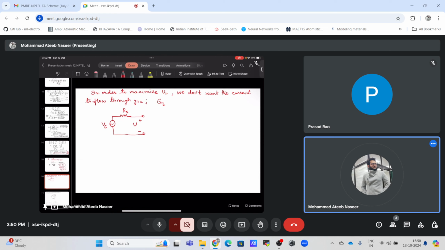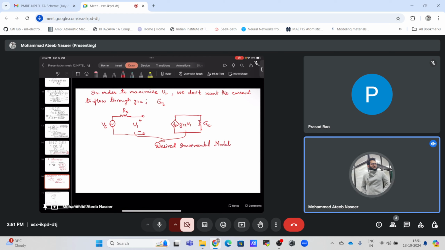We want Y11 and Y12 to be equal to 0, and we want this Y21 V1 to be the maximum, and we want it to drive the load Gl such that we are having a maximum gain. So this is our desired incremental model.